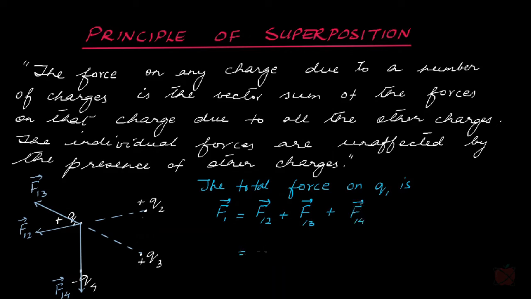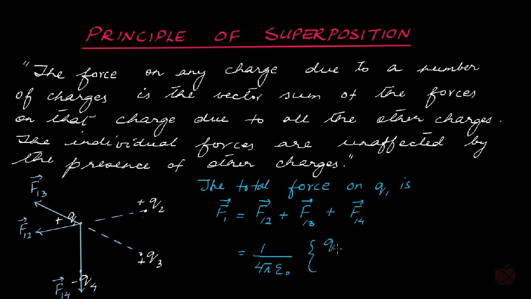Got it? And what is F12? That will be 1 by 4 pi epsilon naught. So 1 by 4 pi epsilon naught will be common out here, so I can take that as common. Then inside of the bracket, it is the interaction between this charge and that charge.